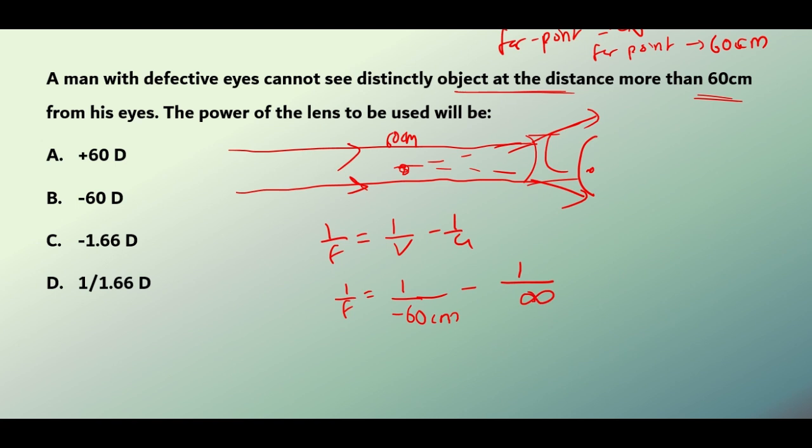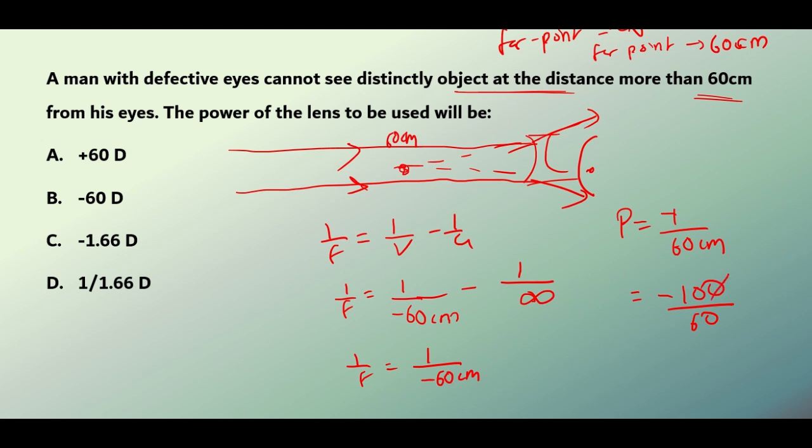Now in physics, 1 by infinity is equal to 0. So we get 1 by f is equal to 1 by minus 60 centimeters. So we get the power, that is 1 by f, as minus 1 by 60 centimeters. Now, let's convert this centimeter to meter, we'll get minus 100 by 60.